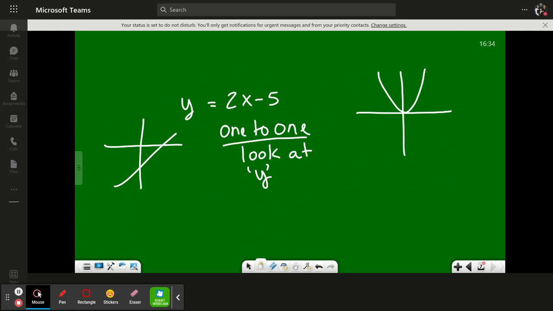It is a function. Would it pass a horizontal line test? No. So any quadratic equation may be a function, but it's not going to be a one-to-one function, because now I've got to look at both the x and the y. This is in your 6.2.